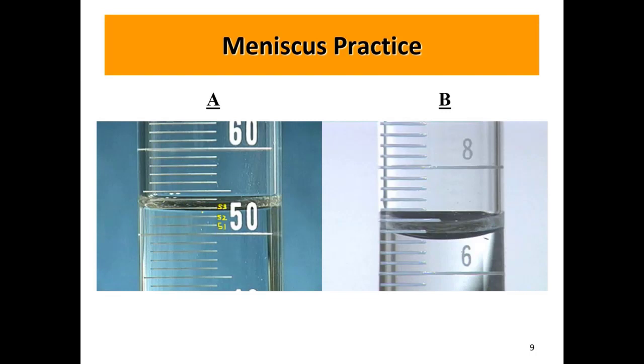Now, we're measuring from the bottom of the meniscus, from the center of the tube. So that means we're going to measure right about here. Okay? So the volume is in between what two numbers?